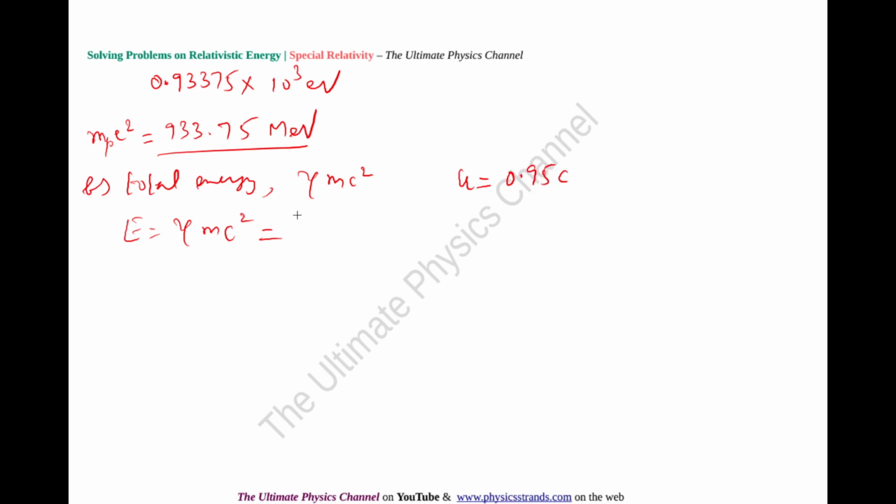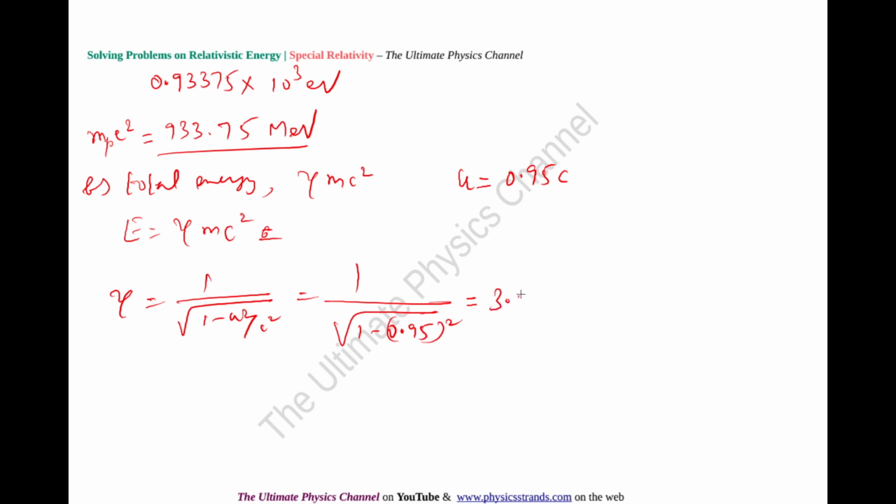First let's calculate gamma separately. That is 1 over square root of 1 minus u squared over c squared, that is 1 over square root of 1 minus 0.95 whole squared. That turns out to be 3.203. Now we can plug in directly here, right?